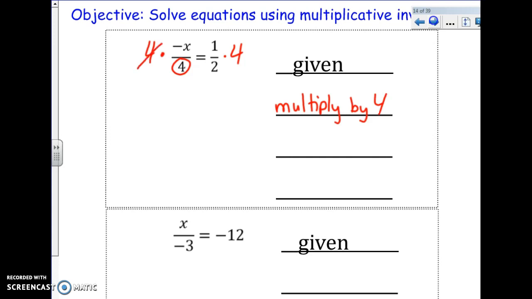All right, these 4's cancel, and I'm left with, I forgot there was a -x. I don't care what -x is equal to. So really what I should be multiplying both sides by is -4. So I'm going to change that right away. If you need to do it in 2 steps, it's not a big deal. So now this becomes positive, so I have x equals -4 over 2. -4 divided by 2 reduces or divides out to -2.